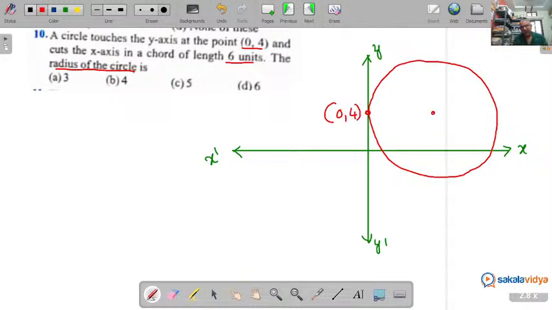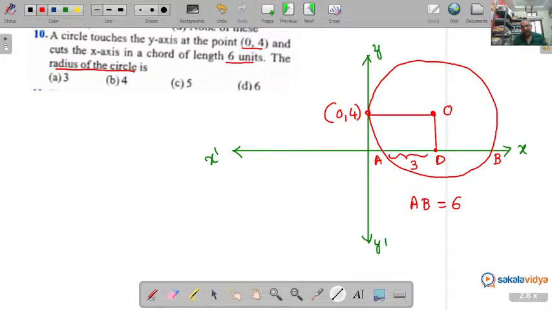Let us say this is the center of the circle, say O, right? So draw the perpendicular here. Say this point is D. Say this is AB. AB is the chord. So AB chord length given, AB is equal to 6 units. D will be the midpoint, so AD is equal to 3. You join this one.